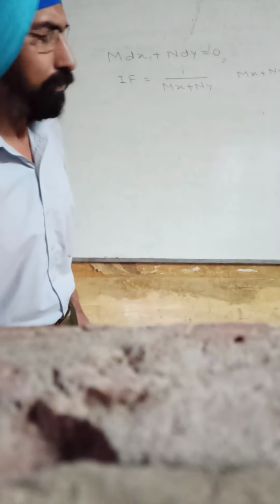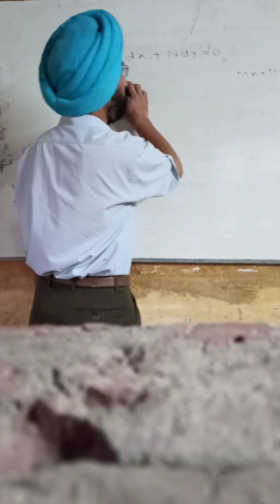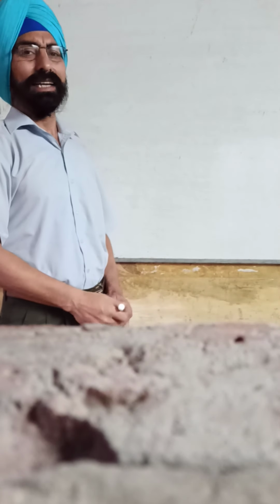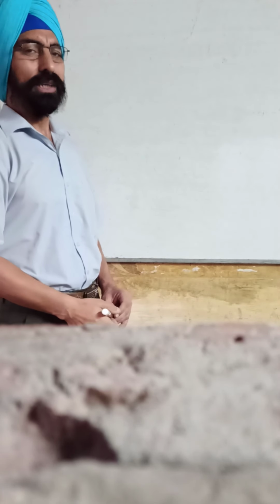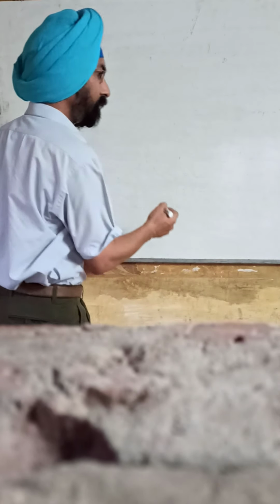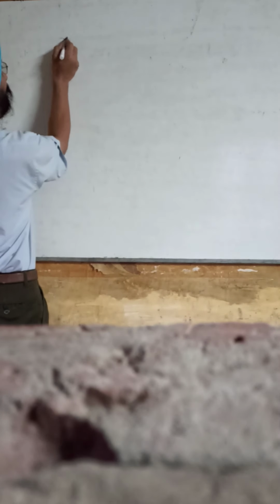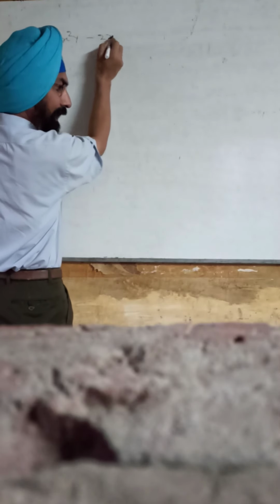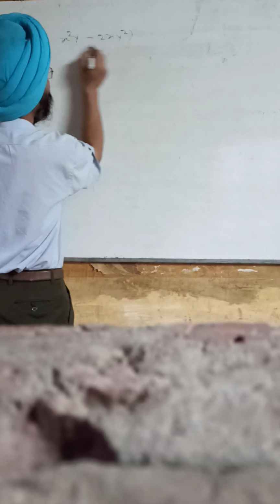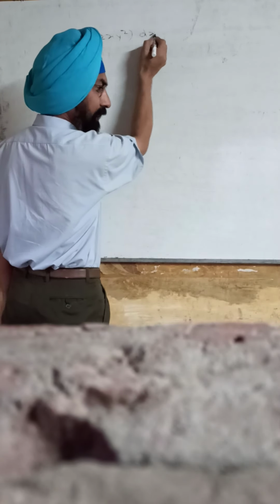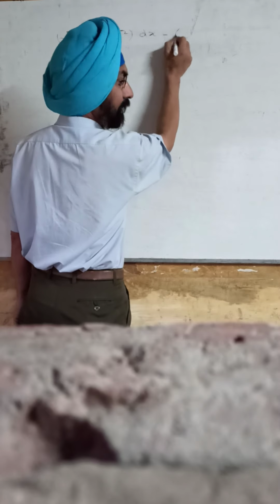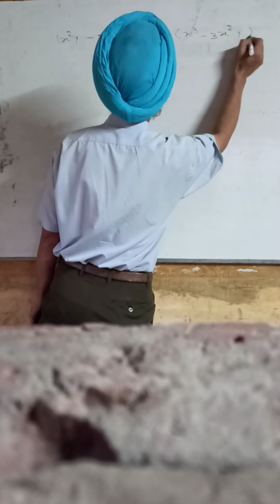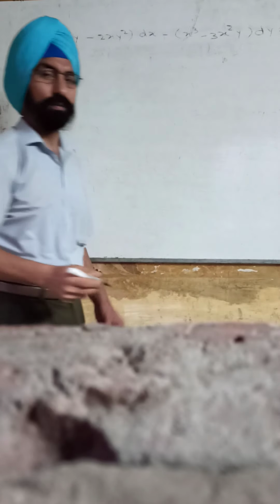So here I am taking one example of a homogeneous differential equation where all the terms of M and N have the same degree. Let us have an equation: (x square y minus 2xy square) dx plus (minus x cube minus 3x square y) dy is equal to 0.